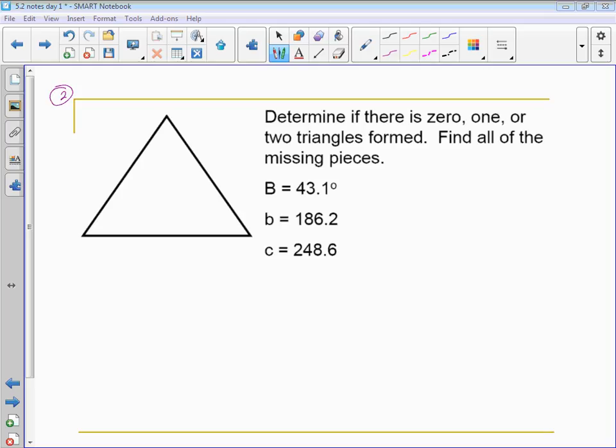So guys, what's the angle we know? Sorry, tell me if it's too fast. I see some people writing still, so hold on.